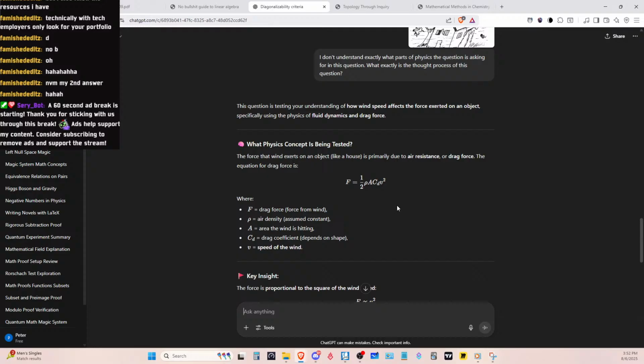And the equation for drag force is... Okay, so yeah, I haven't done any problems involving drag force, as far as I remember. Let's see, force is equal to half the air density, the drag coefficient, and then the area hit by the wind. Sorry guys, excuse me.